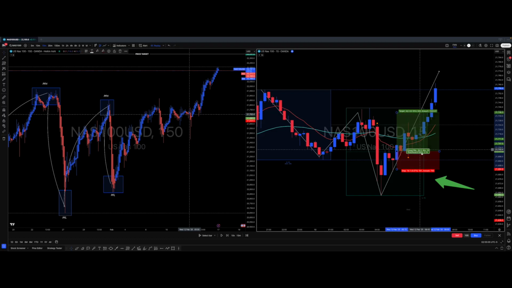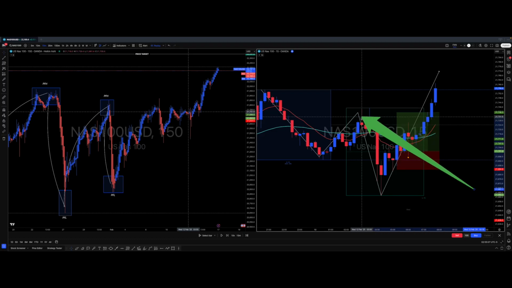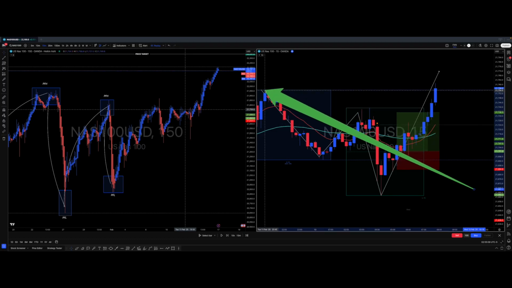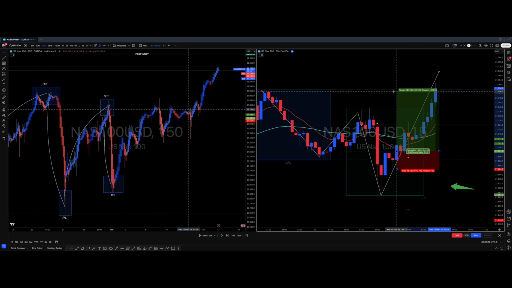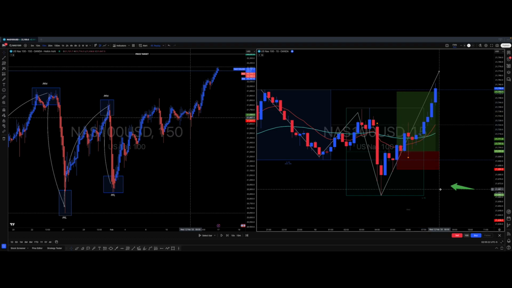I can get 2-to-1 just by going back up to these local highs here, and then even higher, this would be the next target after that. So anything after 2-to-1 is basically my next target here, which makes it a 3-to-1 trade. All right, so this right here would have been the trade setup.